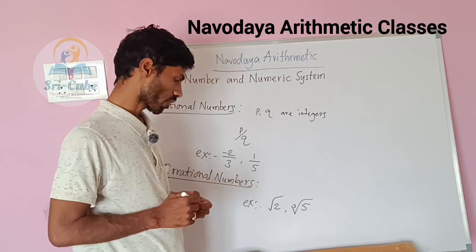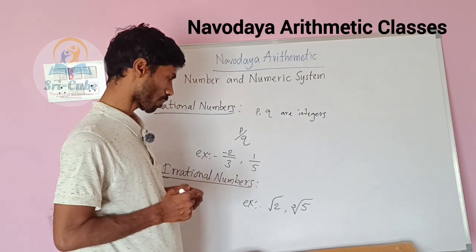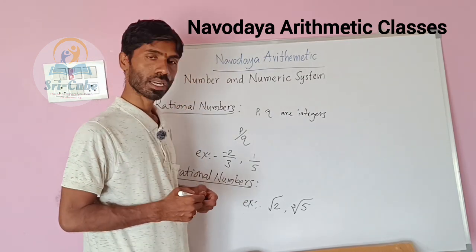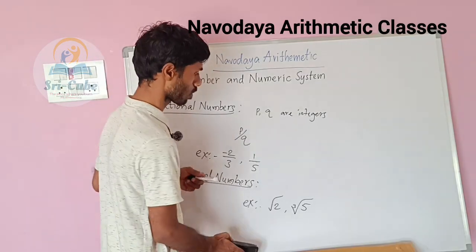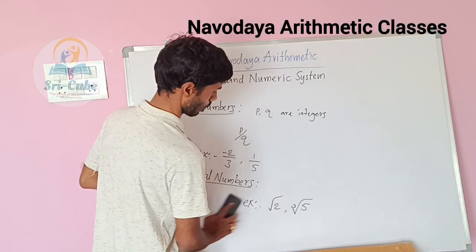Now, we already learnt in primary and upper primary level even numbers, odd numbers, composite numbers, prime numbers. Let us learn about those numbers.